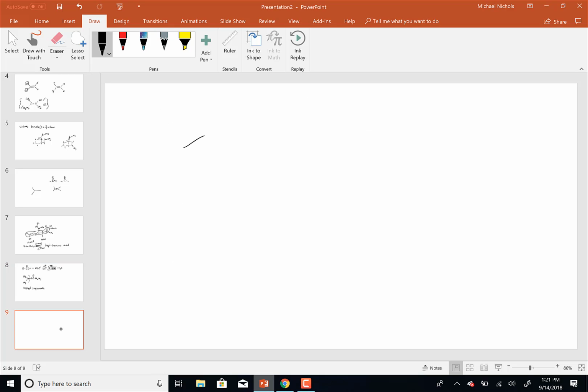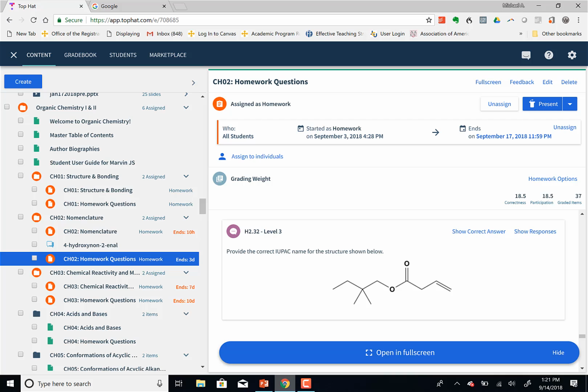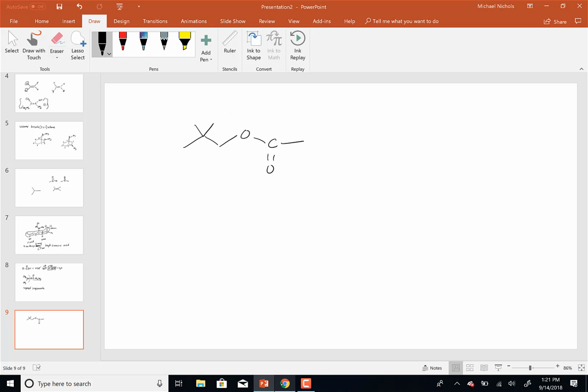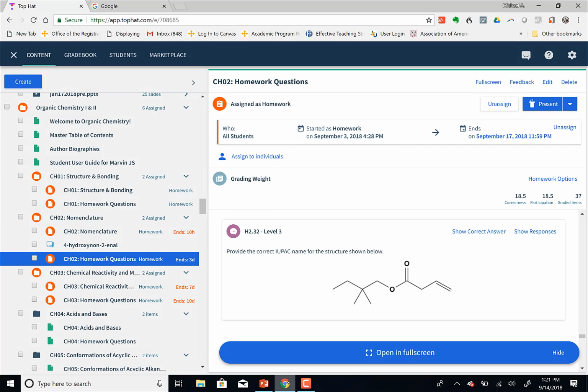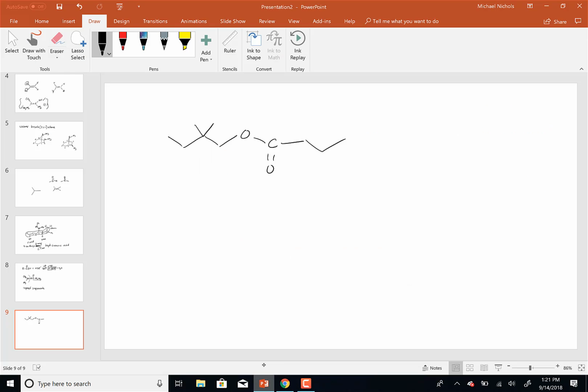There's a 4-carbon chain with 2 methyl groups there, then a C double bond O. No, there's 1 extra carbon on that side. Right, so it's that one.